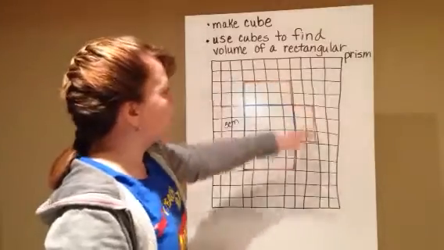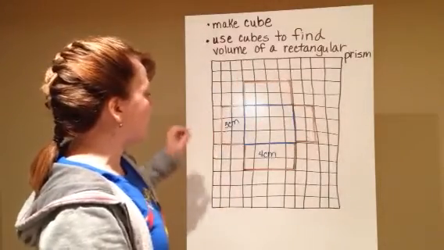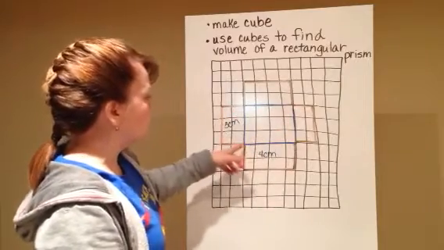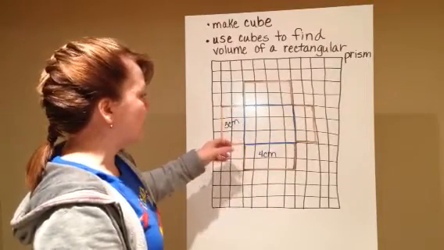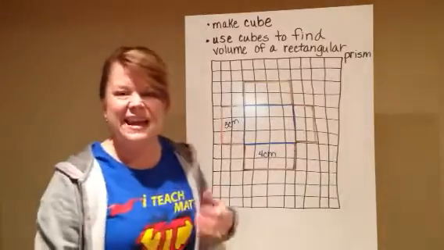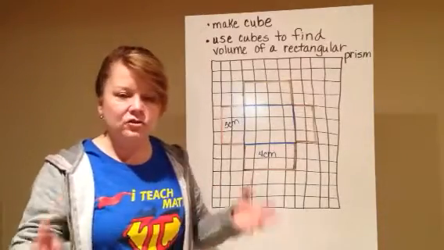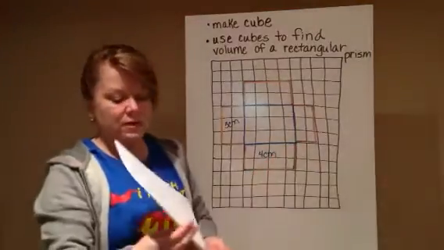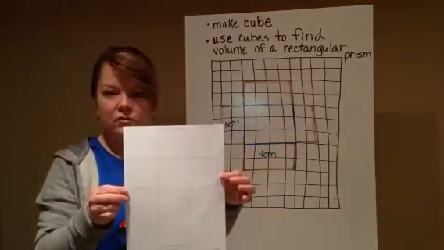So if you pretend that this is grid paper in the black section, I took a blue marker and drew a rectangle, but I made that something called a net. Not the kind of net that you're going to catch something in, but a net that would look something like this. Sometimes they look different than that.